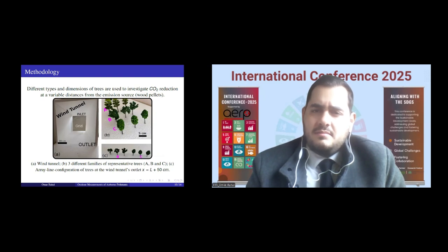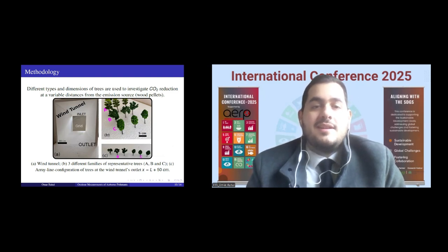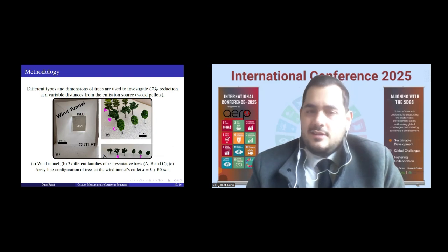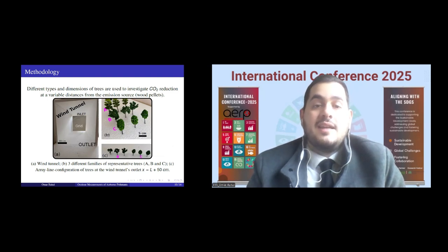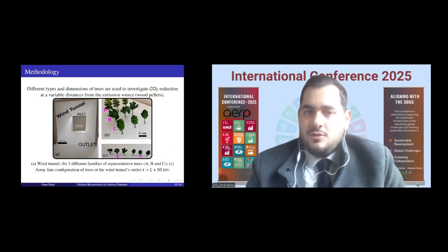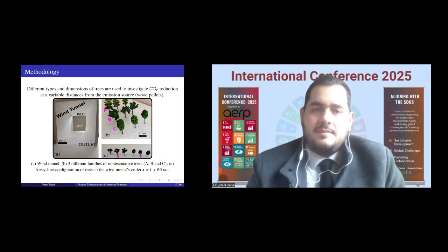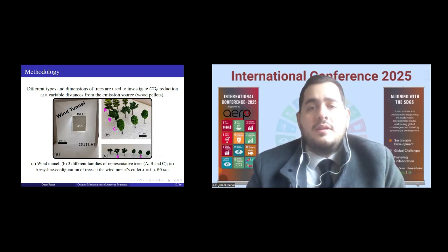This is a picture from my experiment, or one of the many pictures actually. So the first one is a wind tunnel that shows a grid and a fan at the back. It's not shown clearly because the grid is just there.